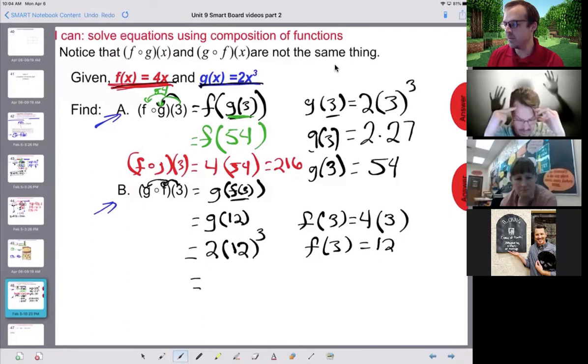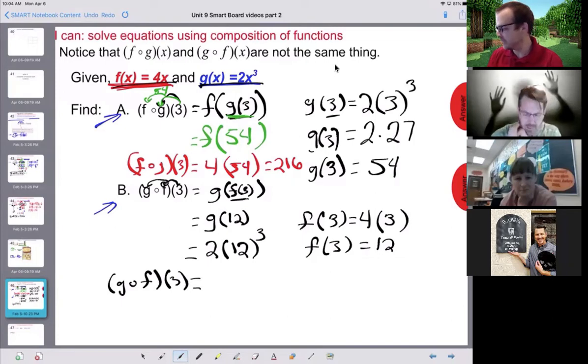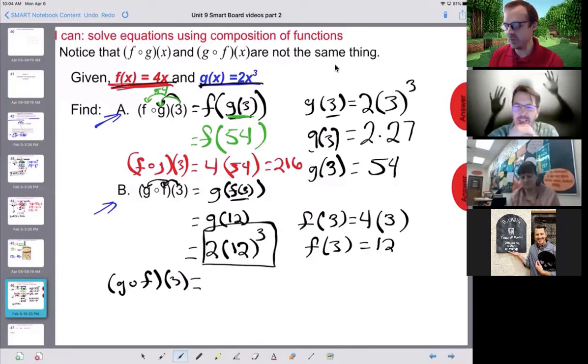And follow those order of operations. 12 times 12 is 144. Times 12 is 1,728. But I would just stick it in Google. Yeah, if you type all of this into Google, you'll be good. Just remember to use that caret sign for it. And what you end up with here is 3,456.